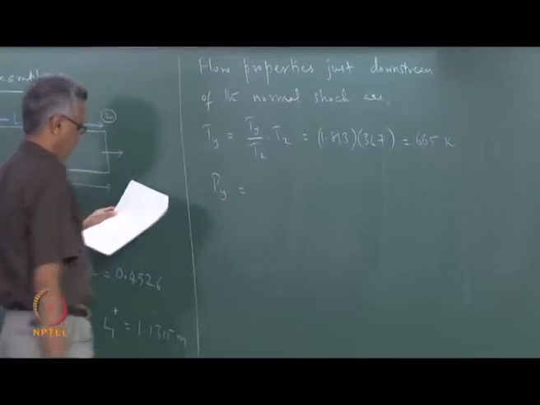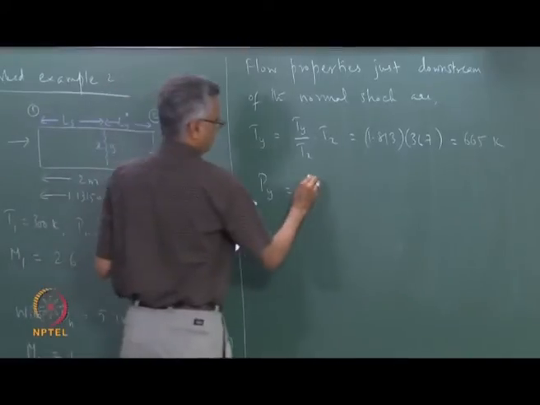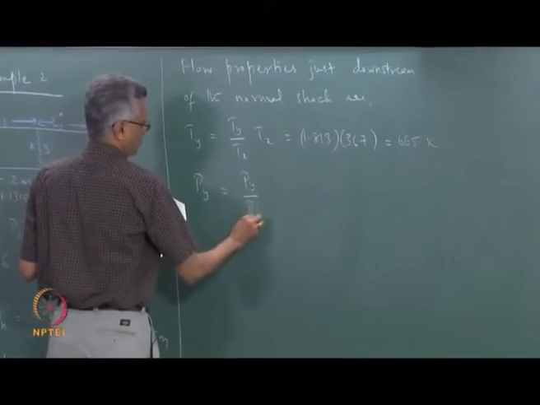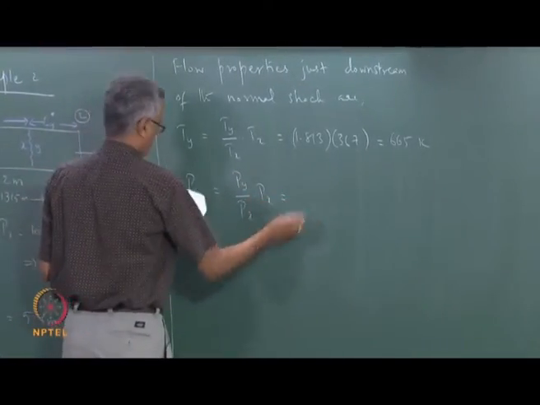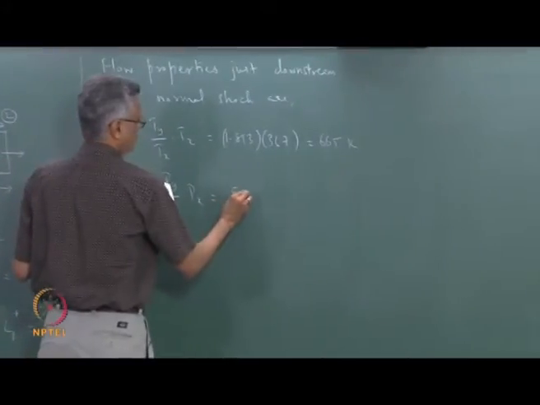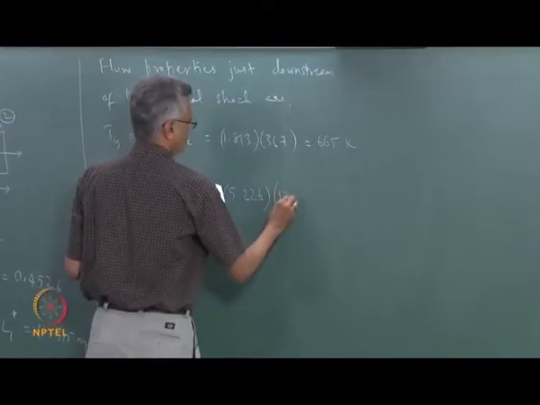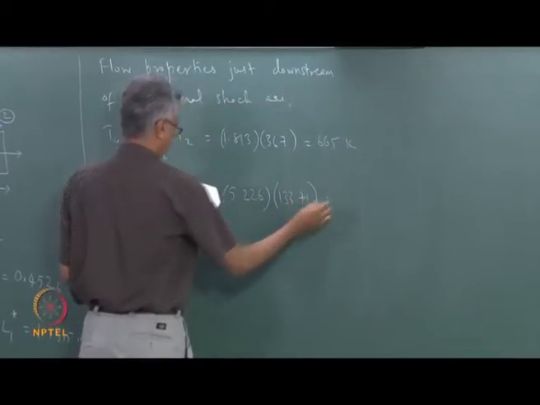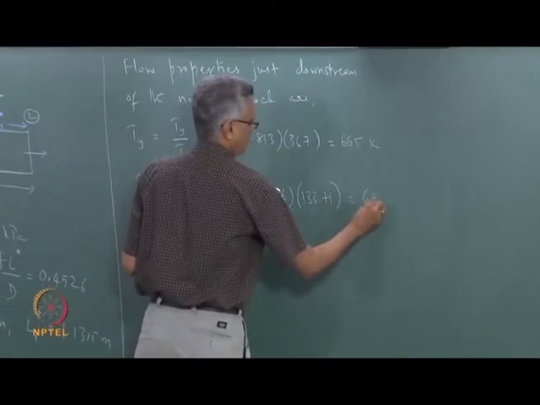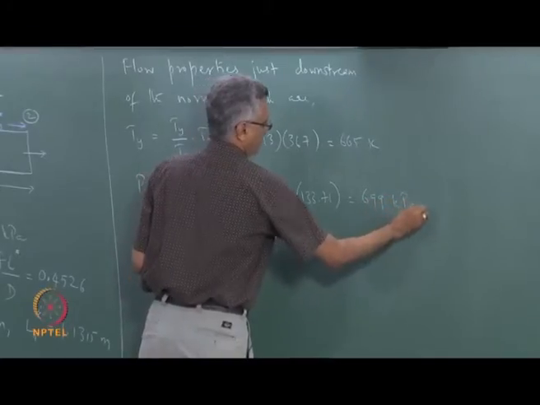Py can be written as Py over Px times Px, and from the normal shock table we get this to be 5.226 times 133.71, which gives me 699 kilopascal.